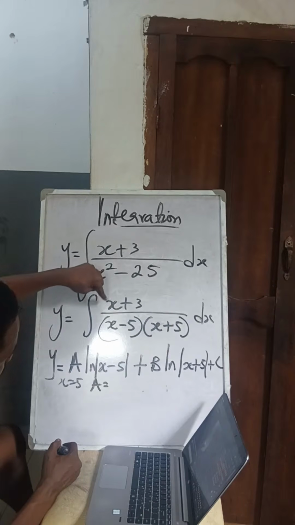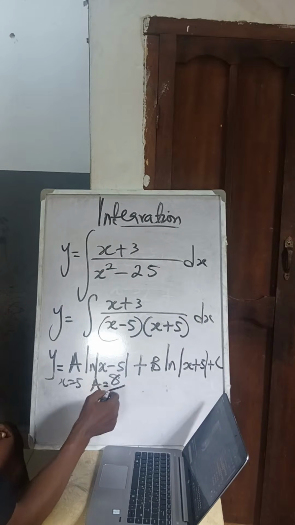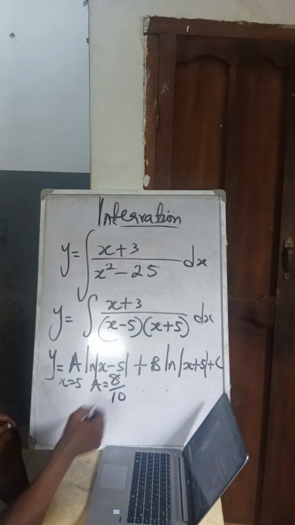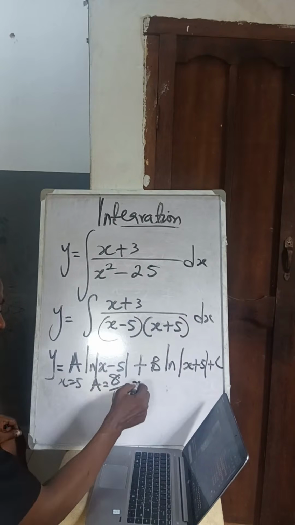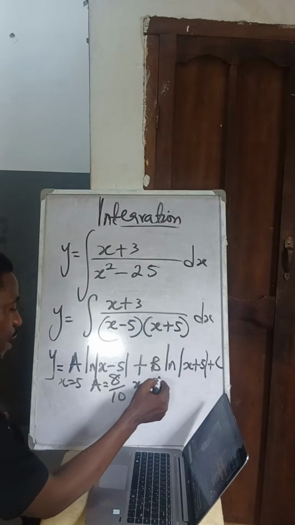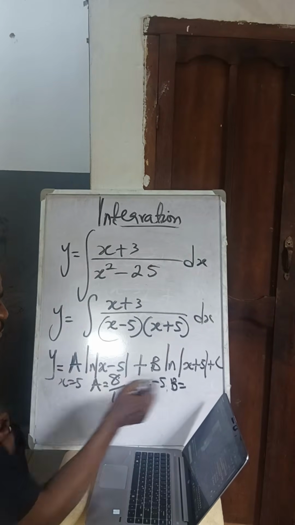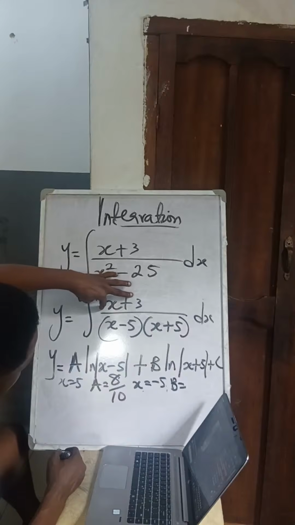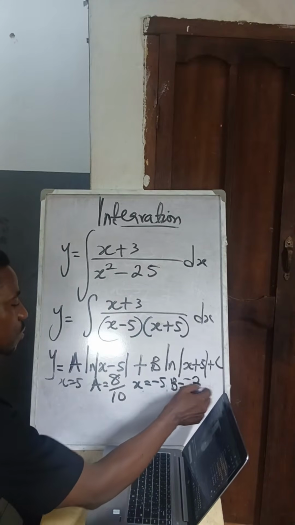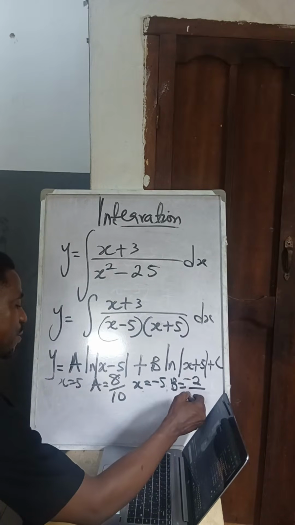Don't add it here. So 5 plus 3 will give us 8, and 5 plus 5 will give us 10. Then secondly, for x plus 5 we're looking for B, so x is equal to minus 5. So B becomes minus 5 plus 3, that is minus 2, over minus 5 minus 5, which is minus 10.